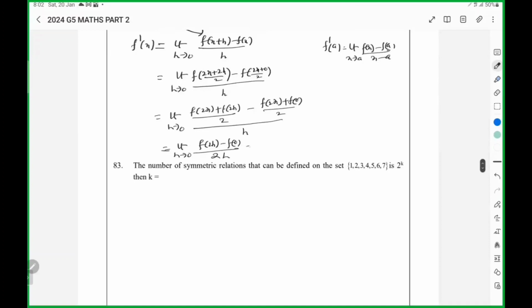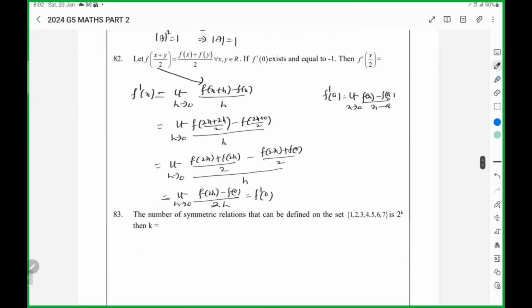So based on this, its definition is f dash 0, which is given as minus 1, is constant.